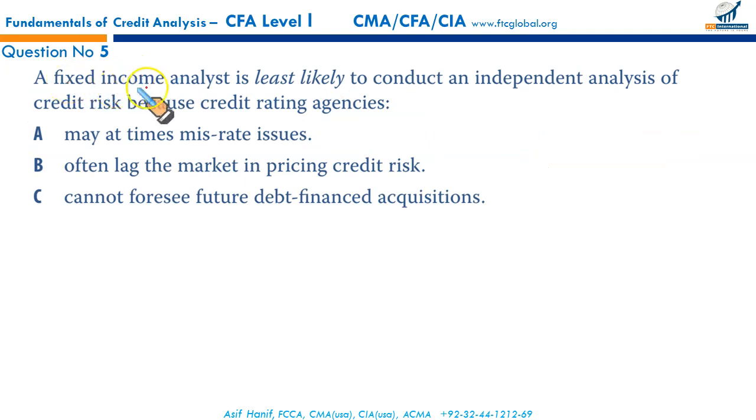Next, a fixed income analyst is least likely to conduct an independent analysis of credit risk because credit rating agencies may at times misrate issues. That's a very valid reason. That's the reason analysts may conduct independent analysis. So it is a valid reason, not least likely. The rating agencies often lag the market in pricing credit risk.